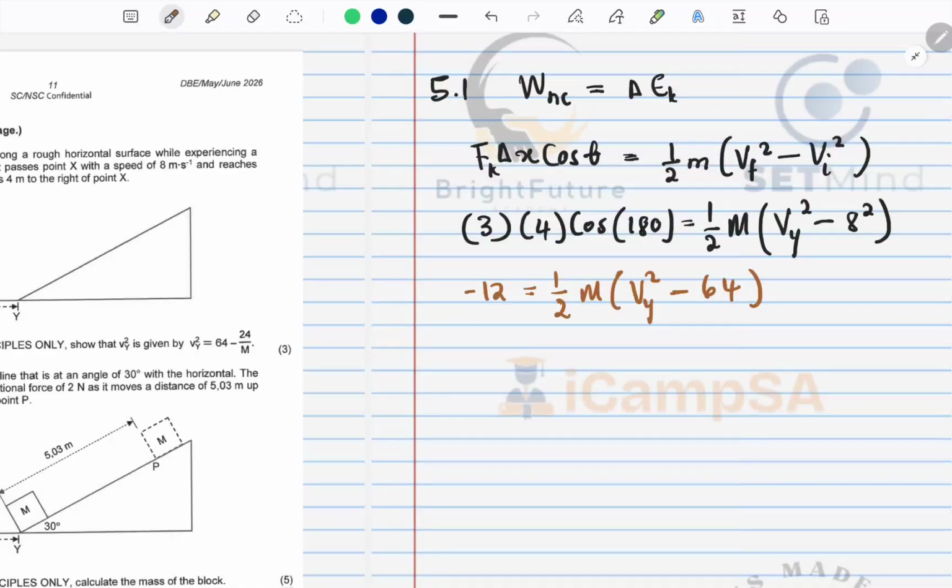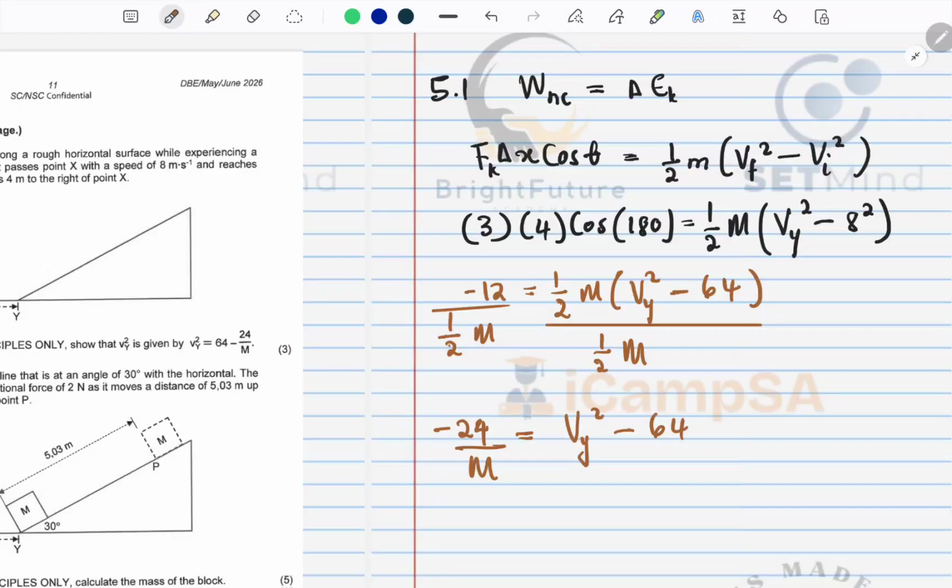So then you can divide both sides by 1 over 2 m. Then you're going to have minus 24 over m, equals Vy squared minus 64.